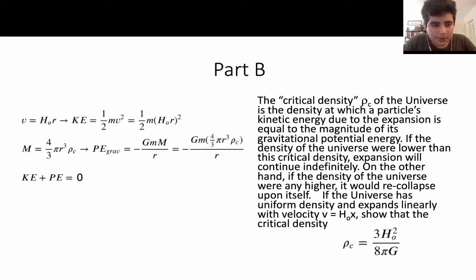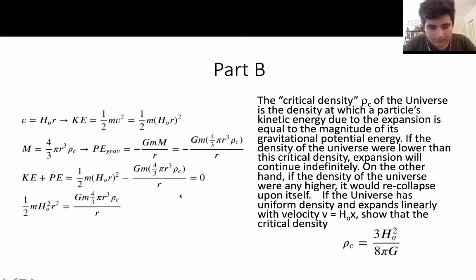We already have the two equations for kinetic energy and potential energy, so we can substitute in. And from here on, it's simplification. We see that the little m's, the mass of the particles, are going to cancel. We're going to have r squareds canceling. And we eventually result in the critical density is equal to 3 times Hubble's constant squared over pi times the gravitational constant.